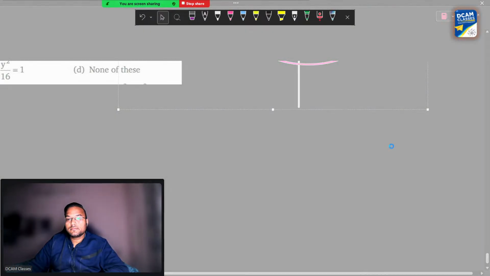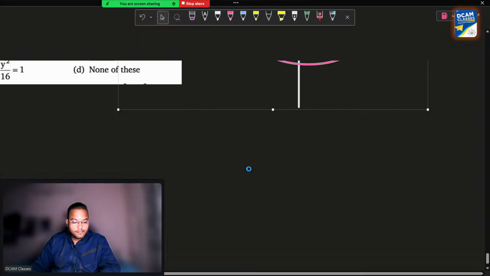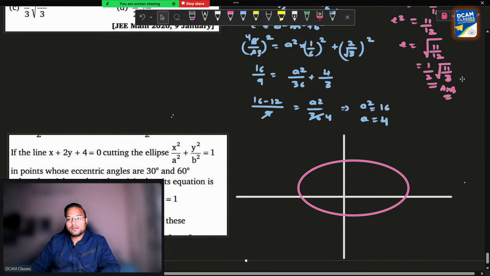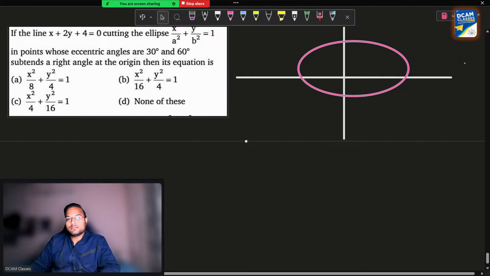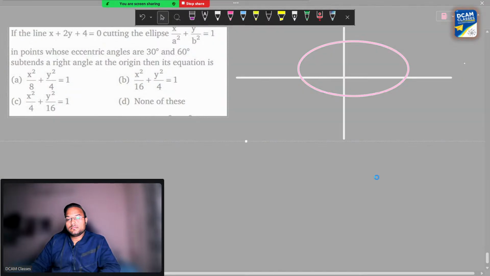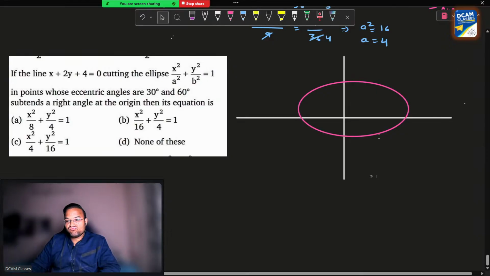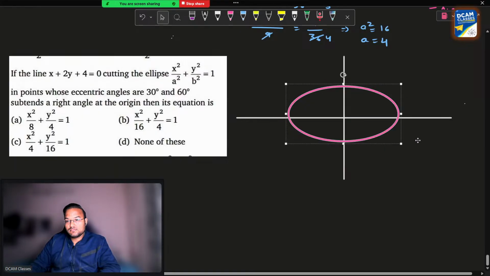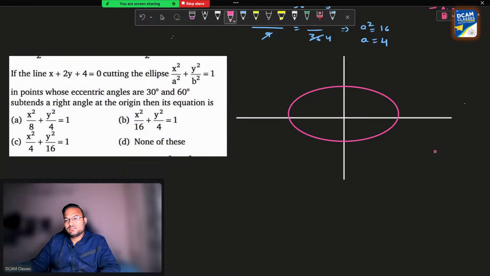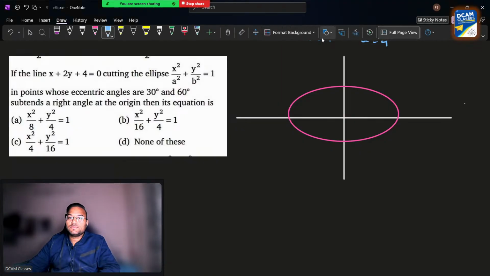What is happening? Okay, this line should be cutting in this way.